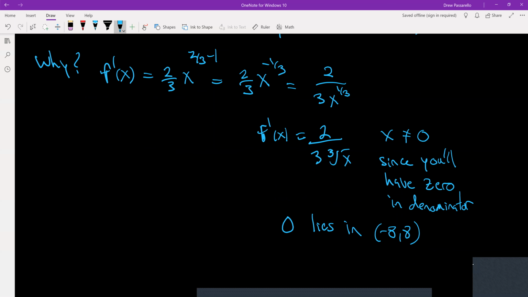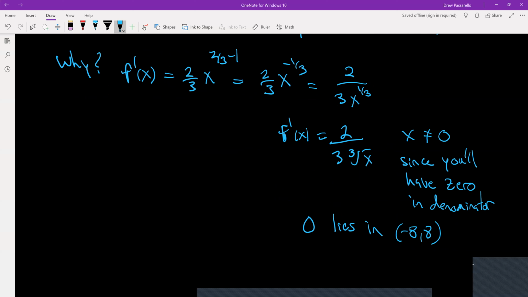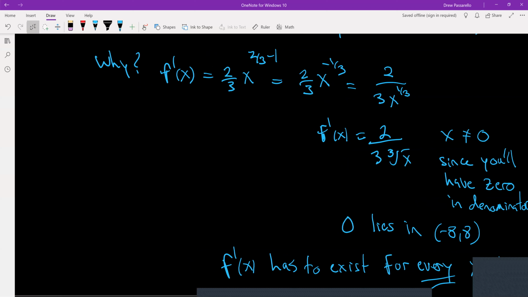So therefore, I found a value where the derivative does not exist inside of that interval. The derivative has to exist for every single value in the interval. So since that's the case, we cannot apply Rolle's theorem. We just say Rolle's theorem doesn't apply for this example.